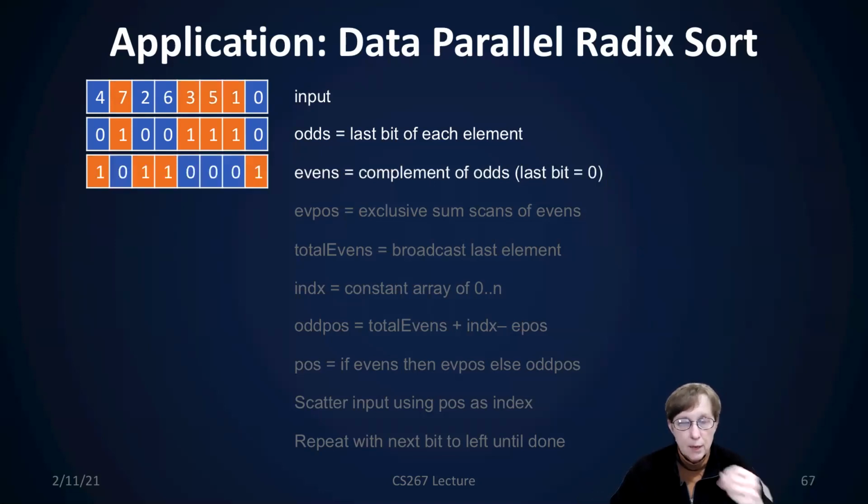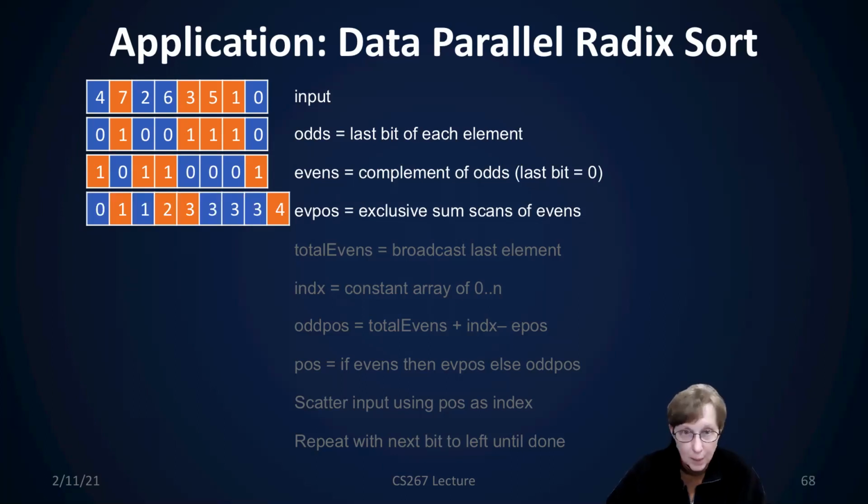And then the evens will just be the complement of those, which we can compute either by looking at the last bit in the input or by complementing the odds array. So we now have 2 temporary arrays, the odds array and the evens array. We'll now make another array called the evens position, which is the exclusive sum scan of the evens array.